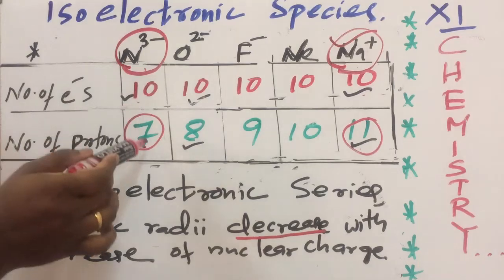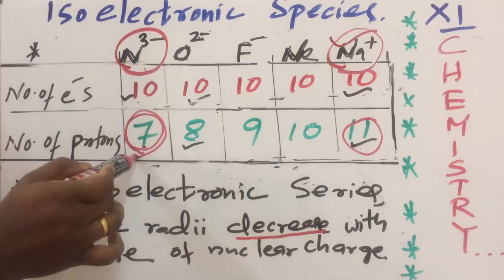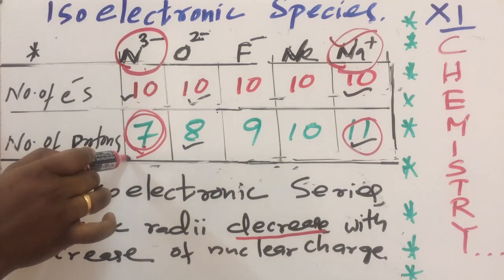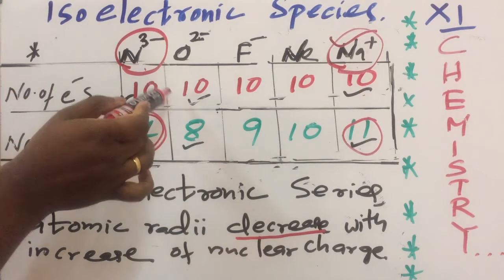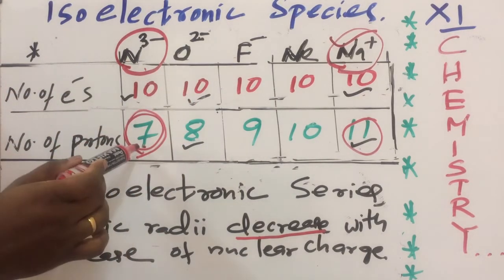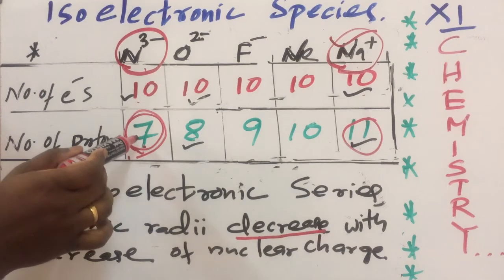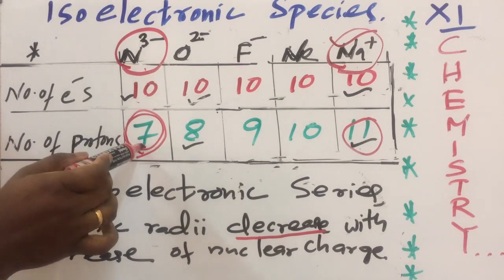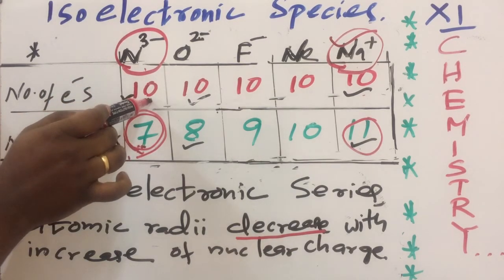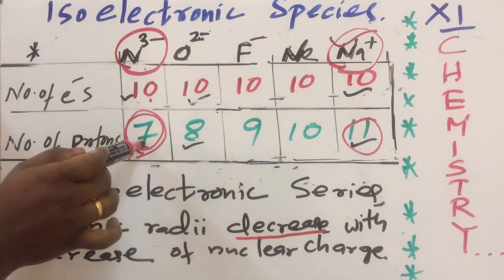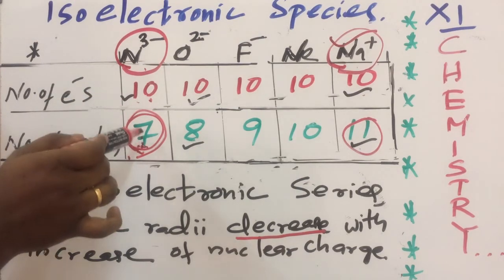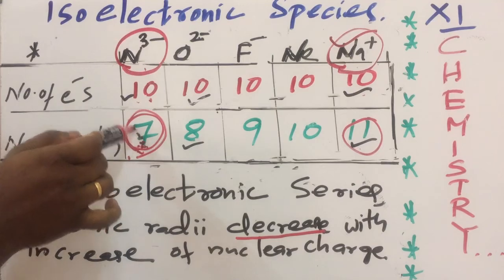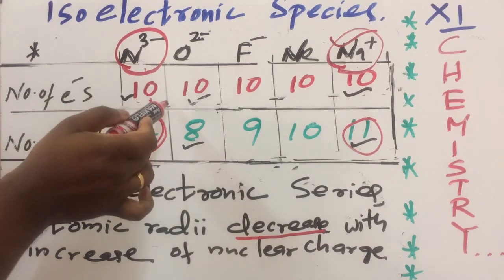But in the case of N3 minus, there are only 7 protons inside the nucleus. But how many electrons around it? 10. So the attraction is weak. Only 7 protons are there to attract 10 electrons. So the attraction is weak, and one more thing, this nuclear charge of 7 is not effective for attraction.